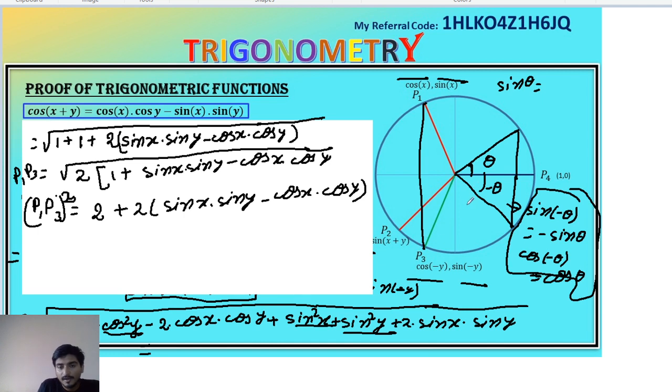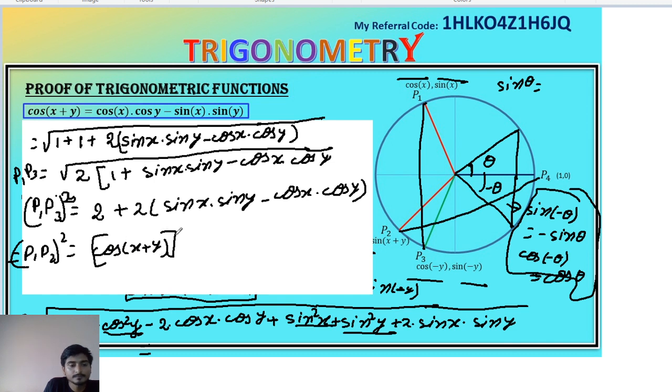Same way now I can write this term p1 p2. Okay, so p1 p2 whole square will be what? Cos of x plus y, sorry, cos of x plus y minus 1 whole square plus sine of x plus y whole square.